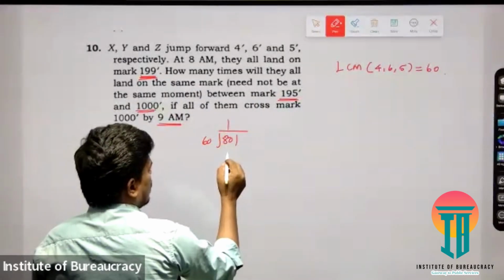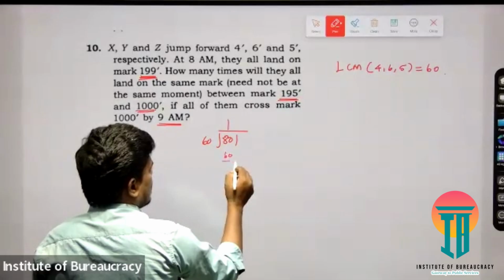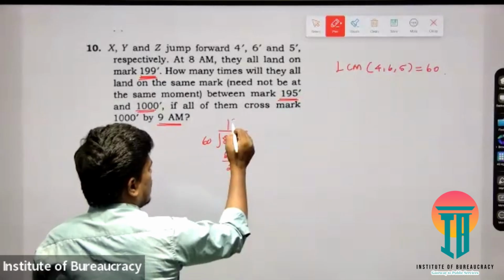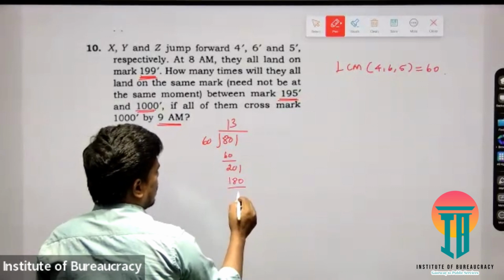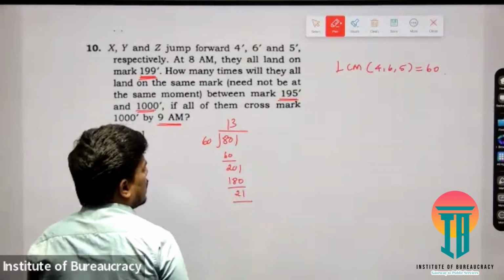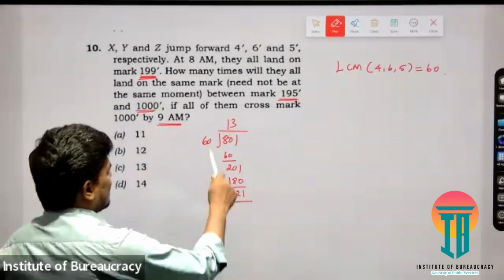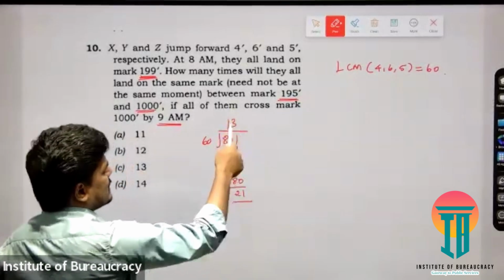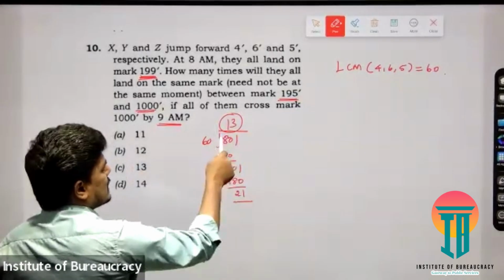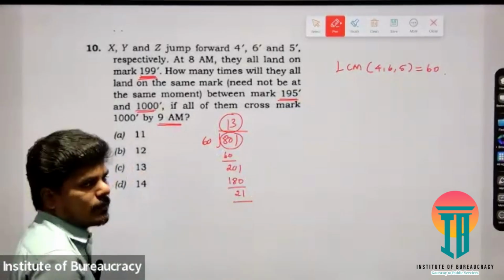So how much will you get? 1 time it is going to be 60, and so on. It goes on. Okay. So 13 times. So 13 times they will be standing on the same mark for these 801 inches.